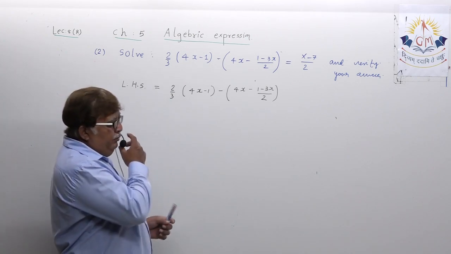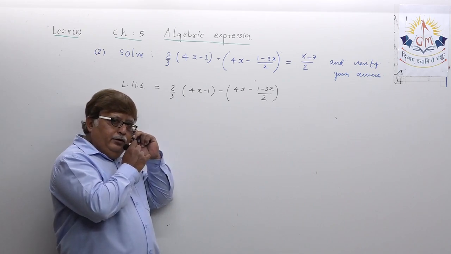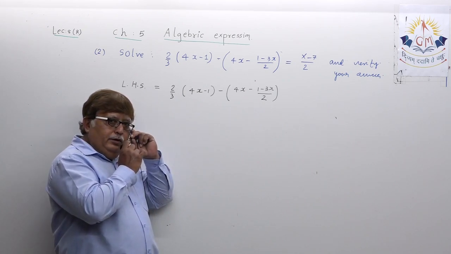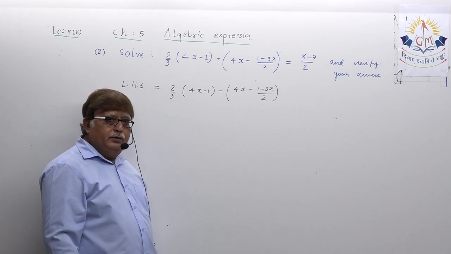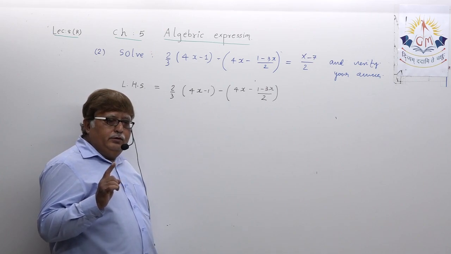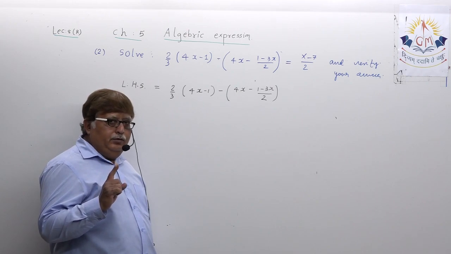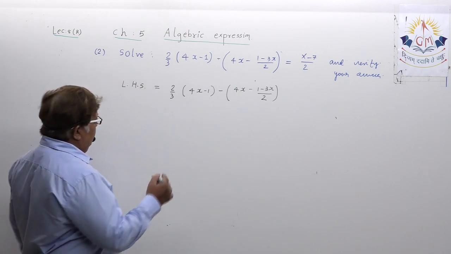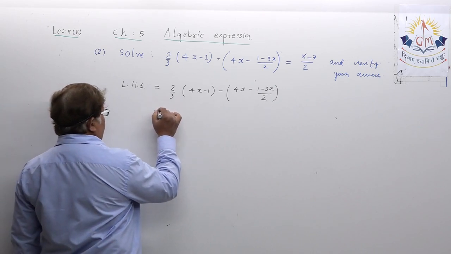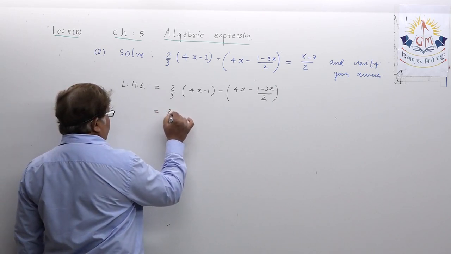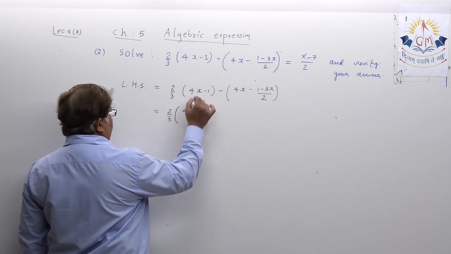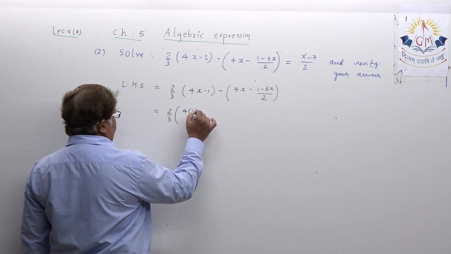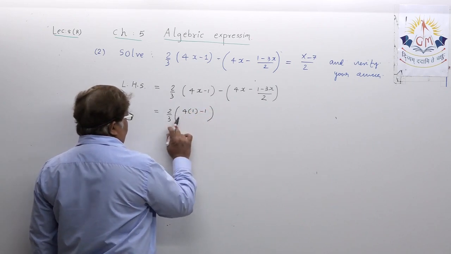And now what are we doing? We are just going to substitute the value of x. What answer did you get? X equal to 1, that you all know very well. Let us substitute here: 2 upon 3, 4 into x means 1, minus 1.